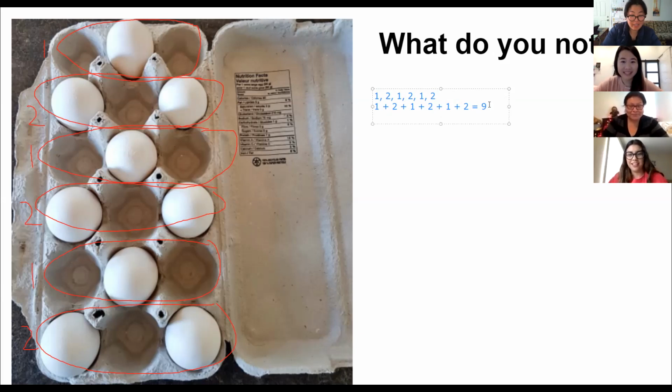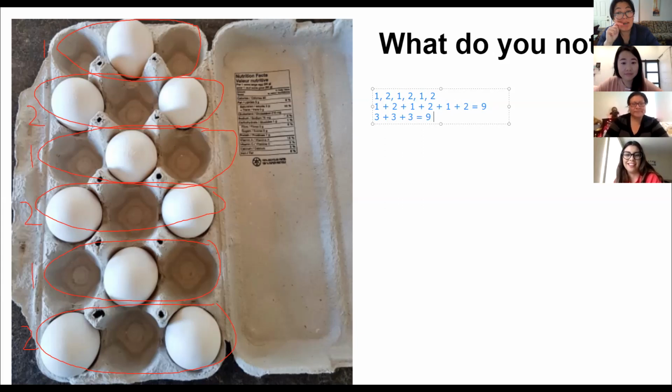Oh, so I see what you did. You did 1 plus 2 here, which makes 3. And then 1 plus 2 here, which is 3. And then 1 plus 2 here, which is 3. So 3 plus 3 plus 3 makes 9.